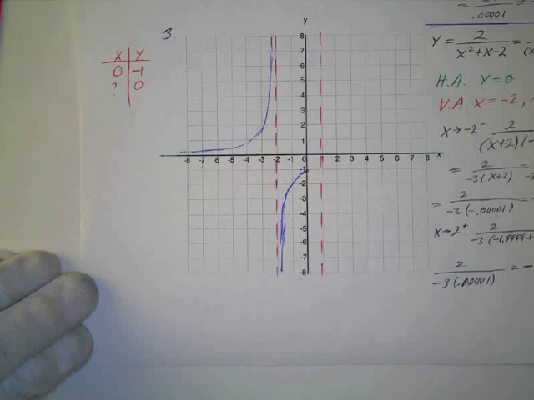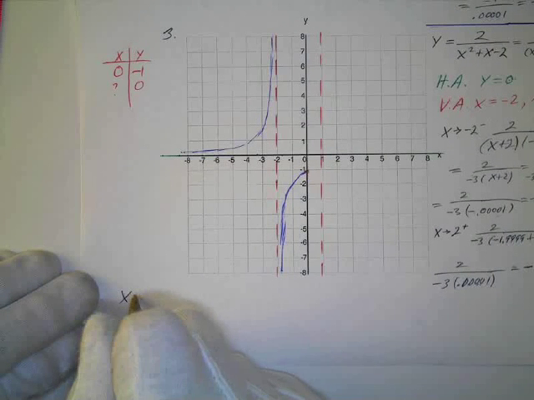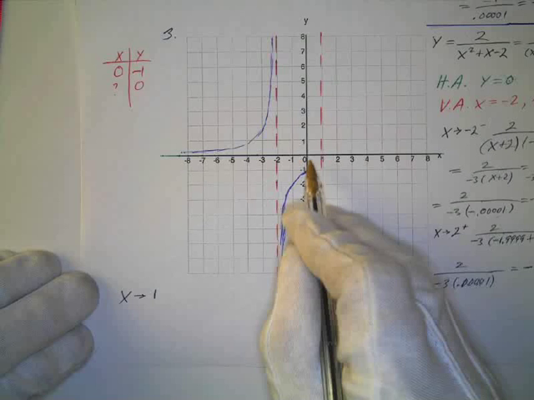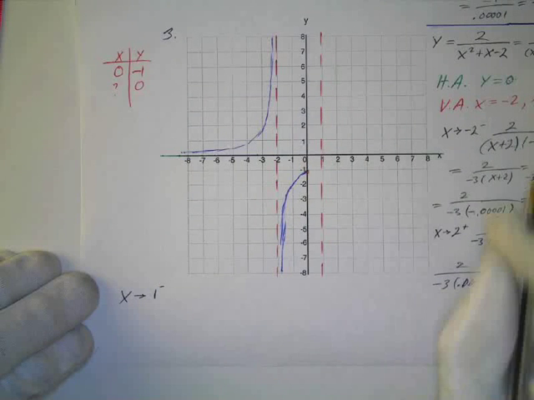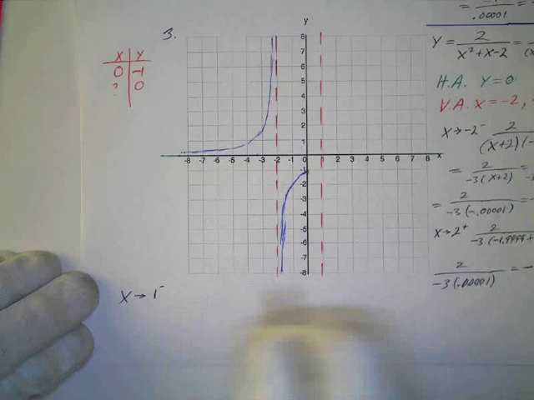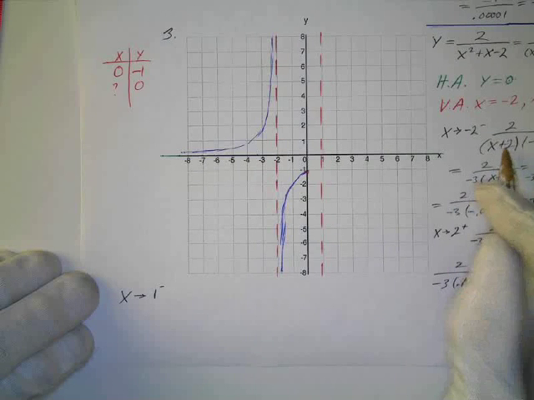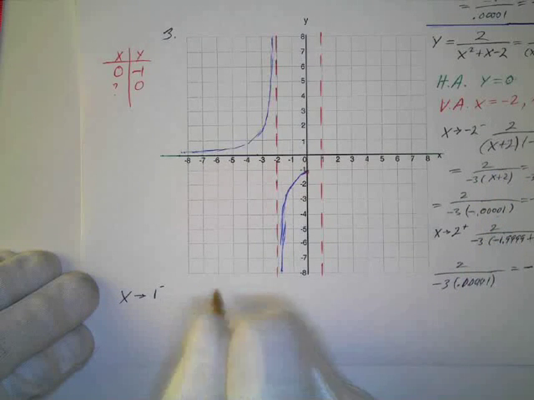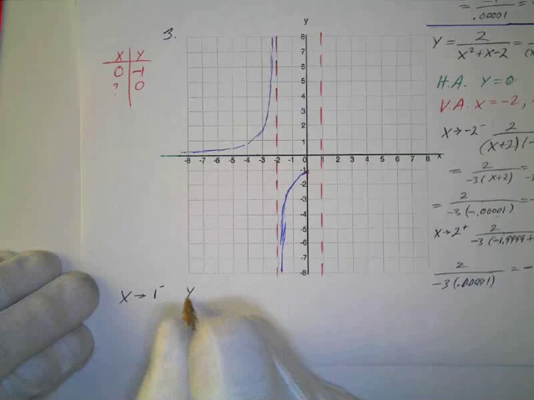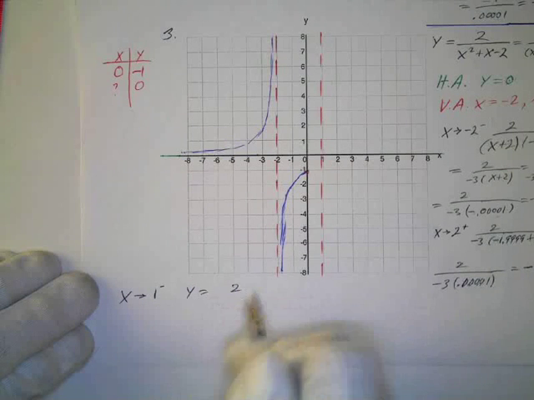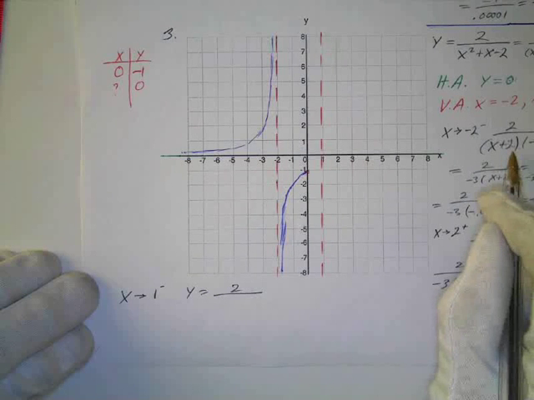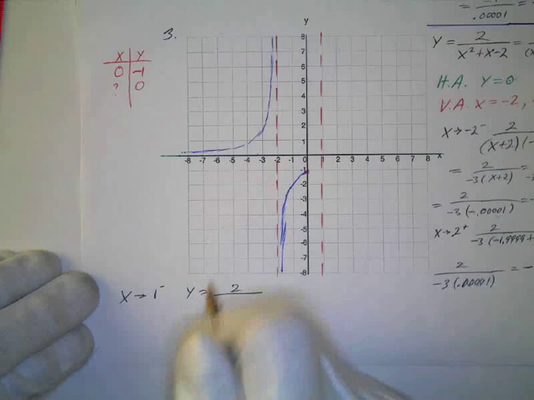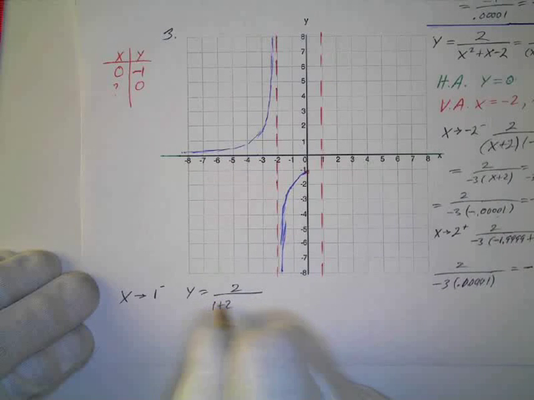So let's try that. So let's see how x approaches 1 from the negative direction here, the left. So we'll write this again. Now we can write this okay, so this is going to be y equals 2 over, and I can put 1 here, that's all right. So 1 plus 2 is okay.